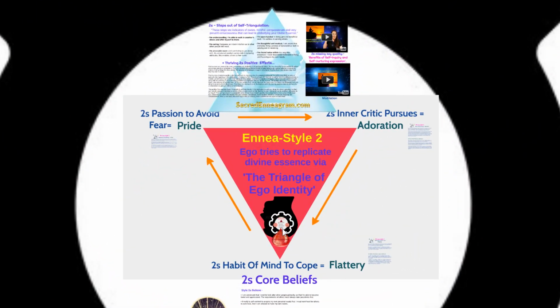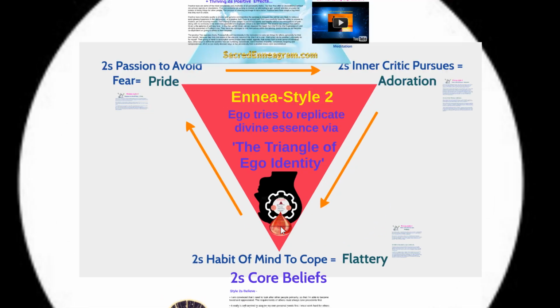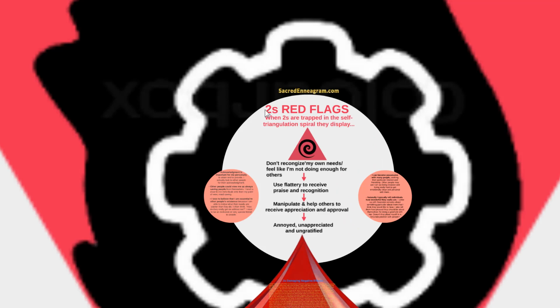So we've zoomed quite deep into the underground hidden attributes of our fixation or Enneagram type. But we can zoom in even further now where the red flags are hidden. This is style 2's red flags.